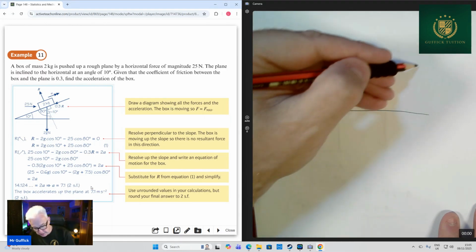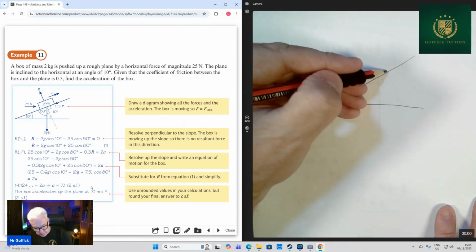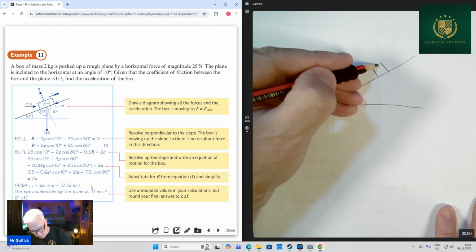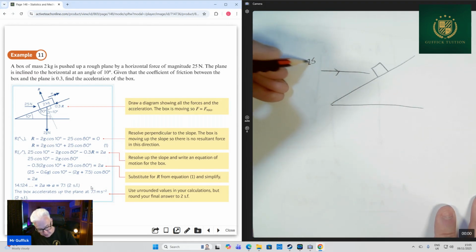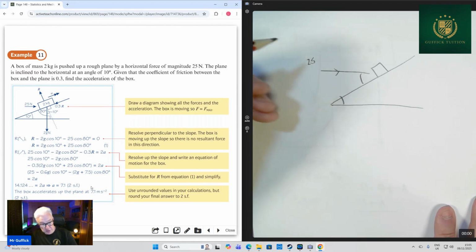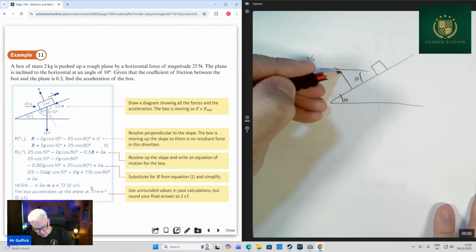Okay, so let's have a look at what we've got. We've got our box, and it's being pushed up the slope by a horizontal force of 25 newtons. That's an alternate angle, so because that's 10 degrees, that's 10 degrees there.